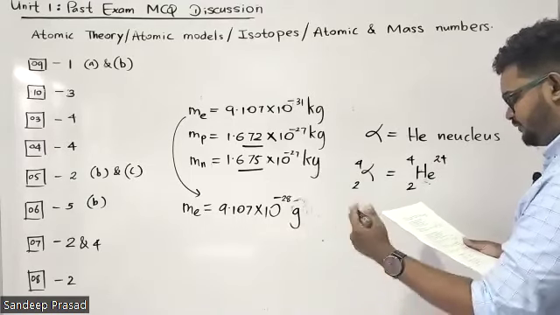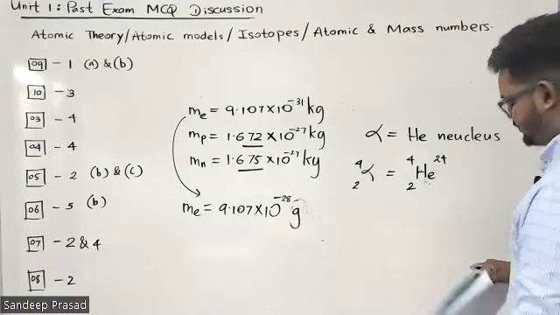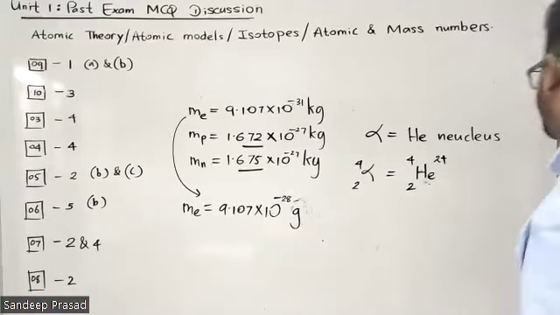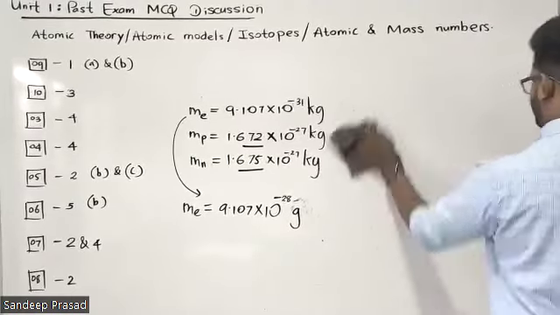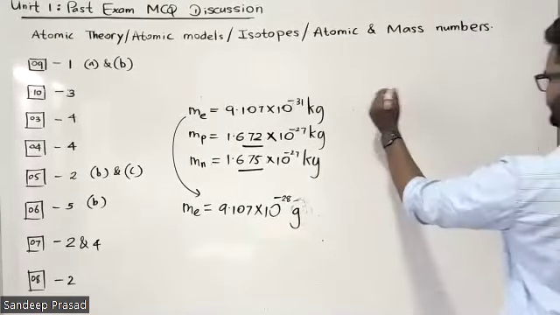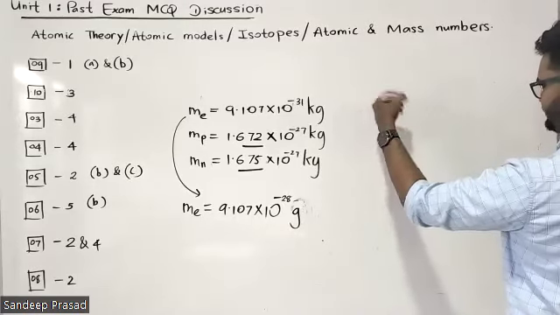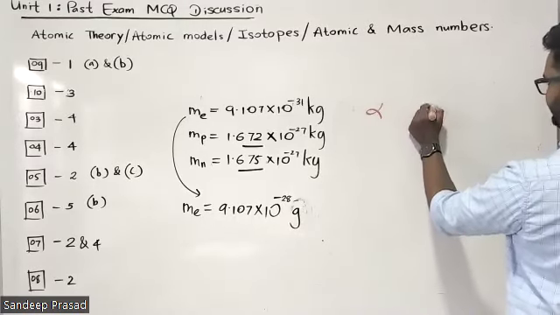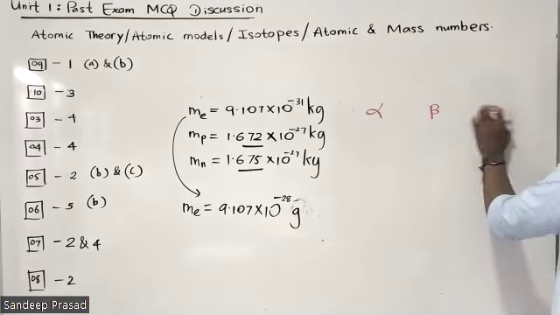The penetration power of alpha particles is very small. Remember, students, you have to know that one. I gave you this as a question in the theory class to do as homework. We have discussed alpha particles, beta particles, and gamma particles. Alpha, beta, and gamma, right?